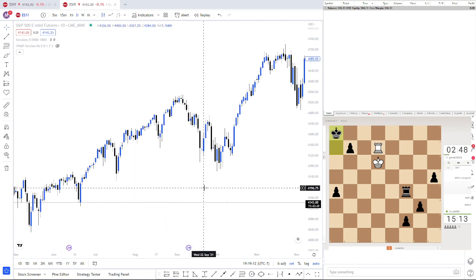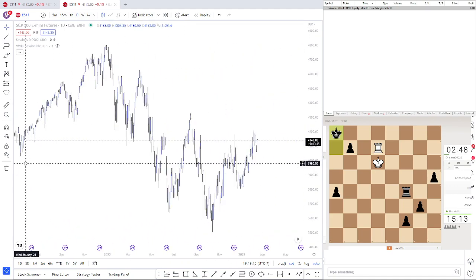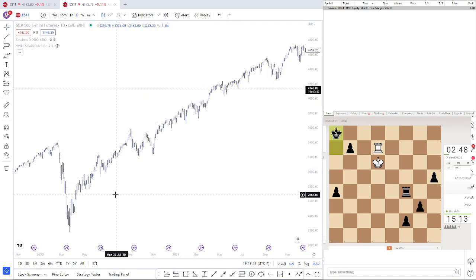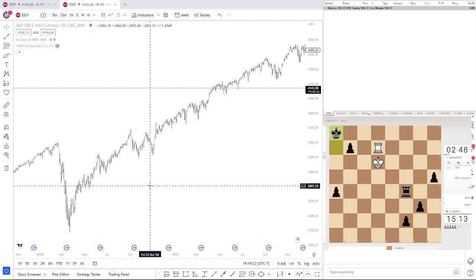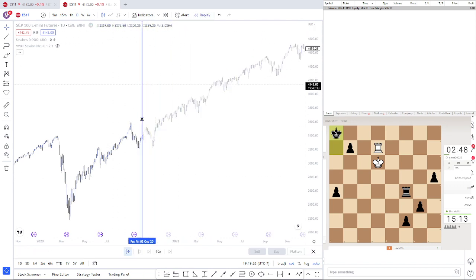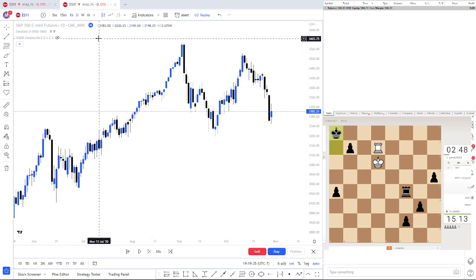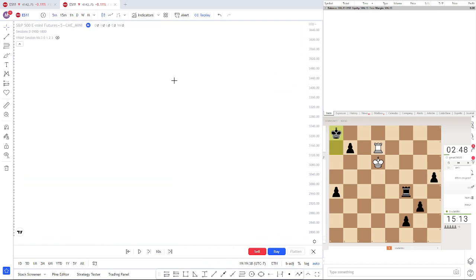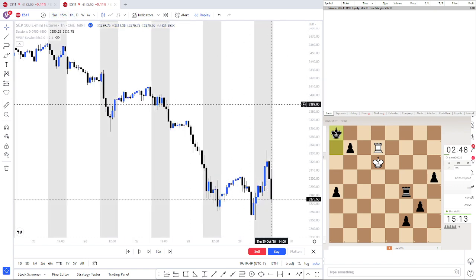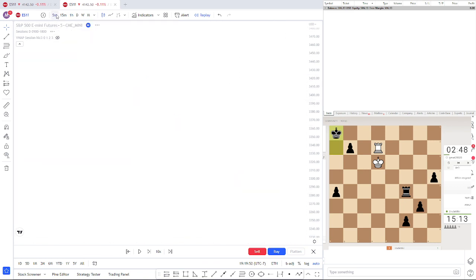Let's see if we can backtest on this. So we're going to October 30th, 2020. First of all, let me put this. Perfect. And then we're also going to be able to trade 5 minute. Looks like we're going to trade 5 minutes.